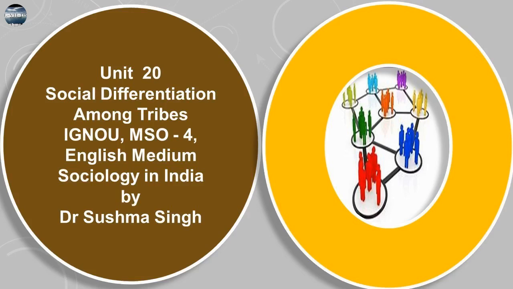Organic solidarity, on the other hand, is a kind of societal solidarity which is found in modern industrial society, wherein unity is based on complex division of labor, cooperation, and highly specialized roles and functions. This kind of solidarity is called organic solidarity because of its similarity to the functional utility of the biological organism.